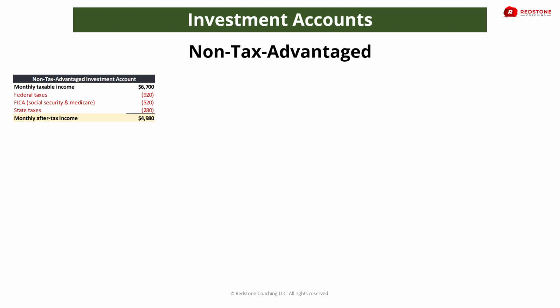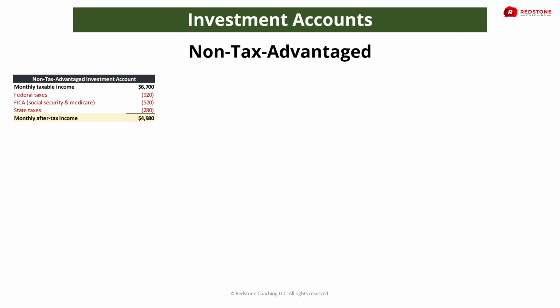So now I want to break down what that might look like in terms of financial benefit in the future. So a non-tax advantaged account, you can see here that let's assume that from your job, your monthly taxable income is $6,700. Well, before that hits your checking account, your company is going to take out taxes.